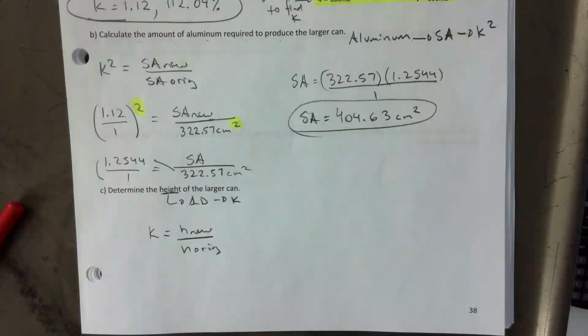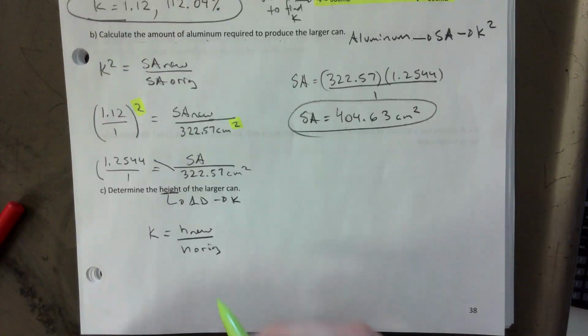Why are you using new and original, not diagram actual? Just because for me, right now, that's easier to relate to. I have my original can, I made a new one. If it says blueprint, picture, anything like that, I use diagram actual. Like I think of, this is the actual thing, and I made a smaller version of it, right?